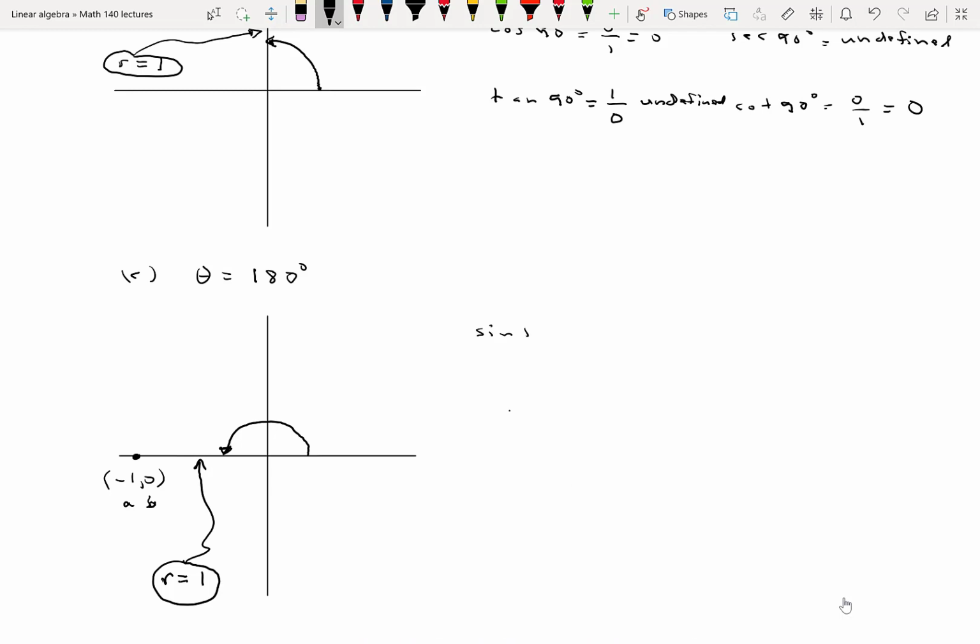We have the sine, the cosine, the tangent, the cosecant, the secant, and the cotangent of 180 degrees.